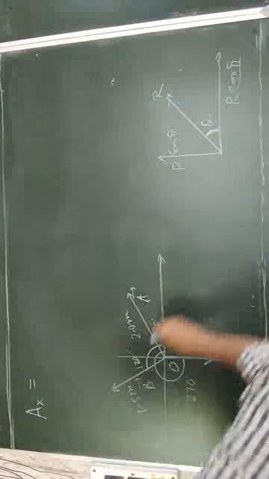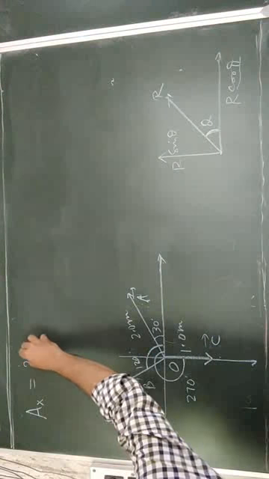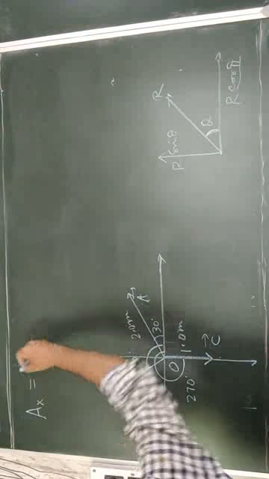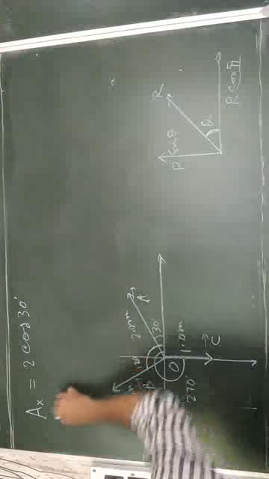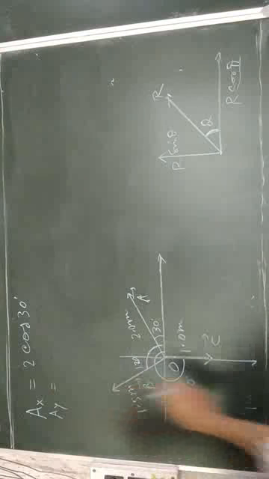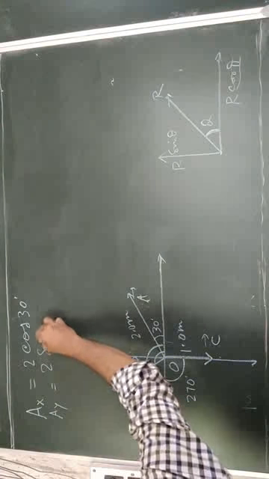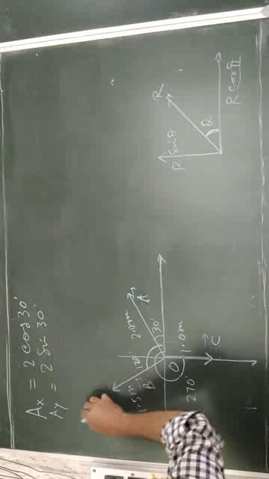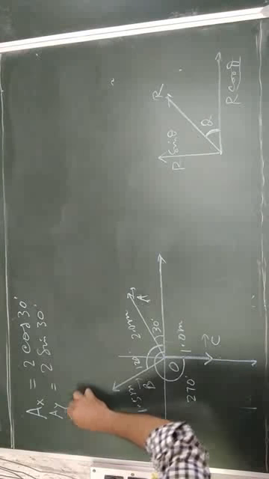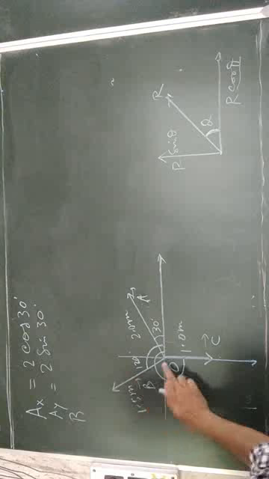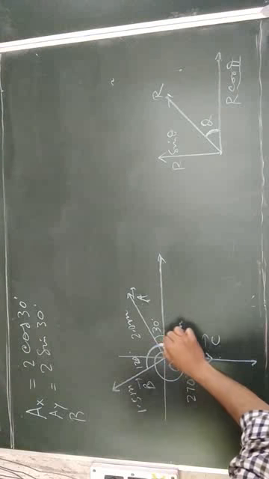R cos theta. That means 2 cos theta is 30 degree. Ay is 2 sin 30. B, the angle is 120.